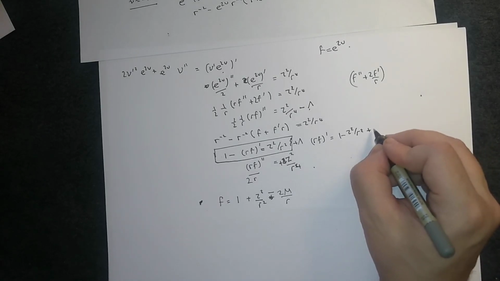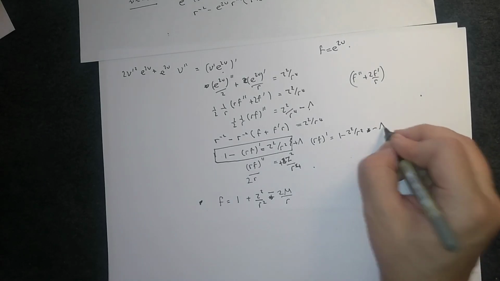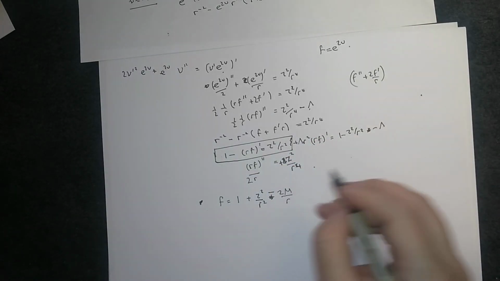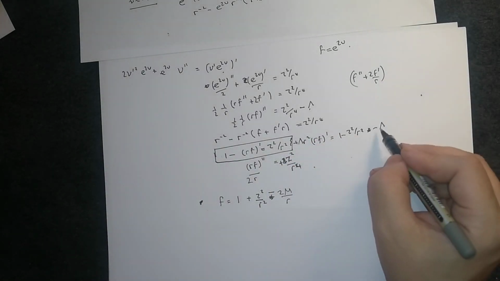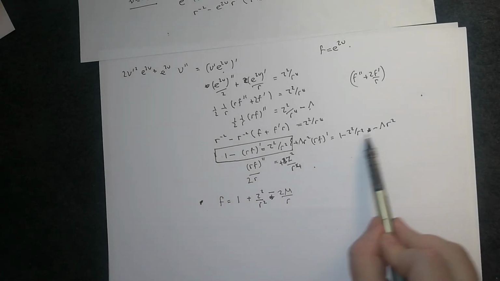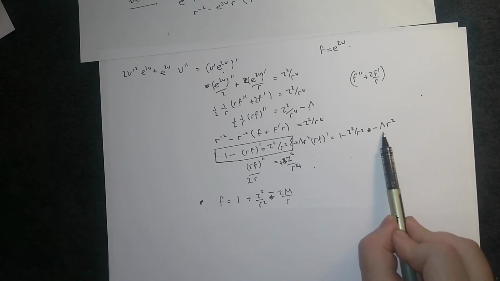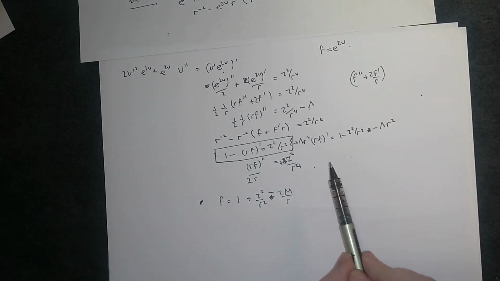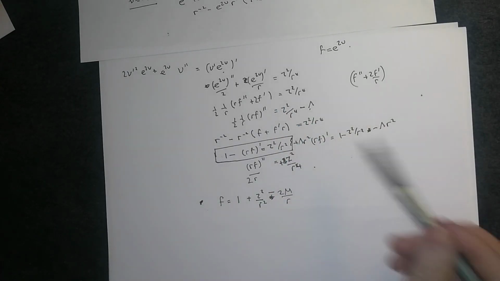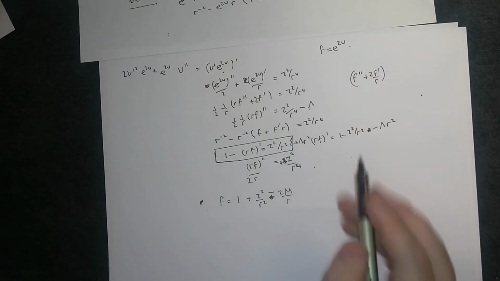Differentiating this lambda r squared, if I differentiate this again, I get a 2 lambda r divided by r. That gives me a minus lambda, which is here. So actually it's still okay, but I have to solve.